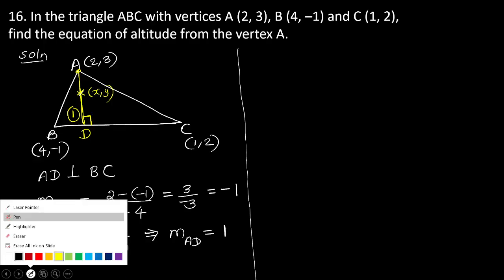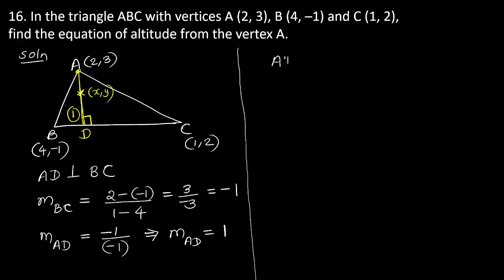So for the equation of AD, the slope of AD is y minus 3 by x minus 2.